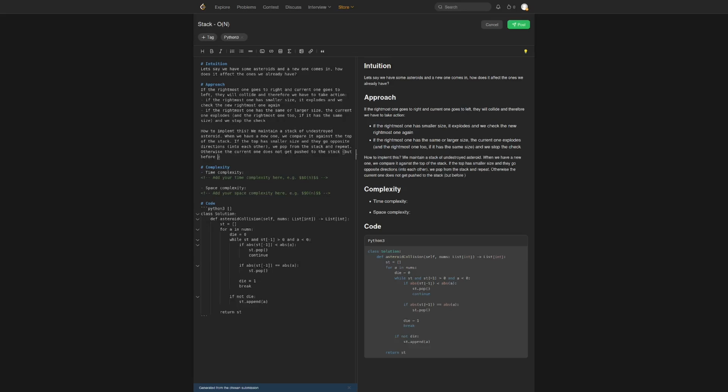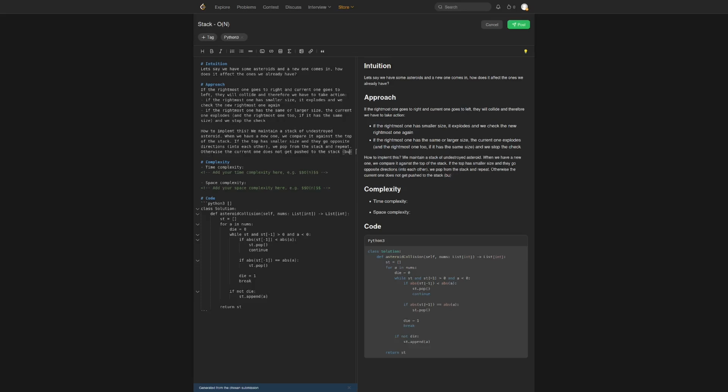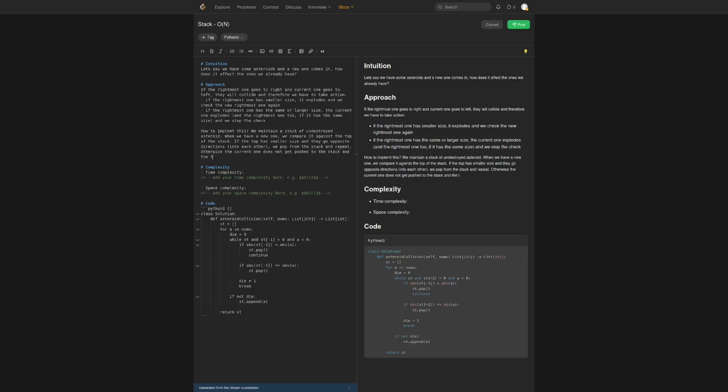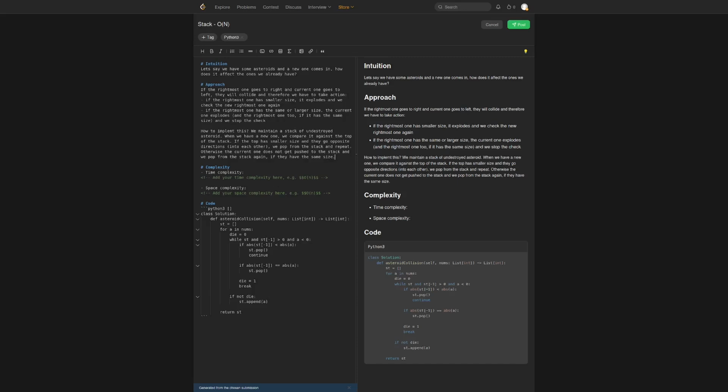But before the, interesting. Okay, so otherwise the current does not get pushed to the stack, and we pop from the stack again if they have the same size.